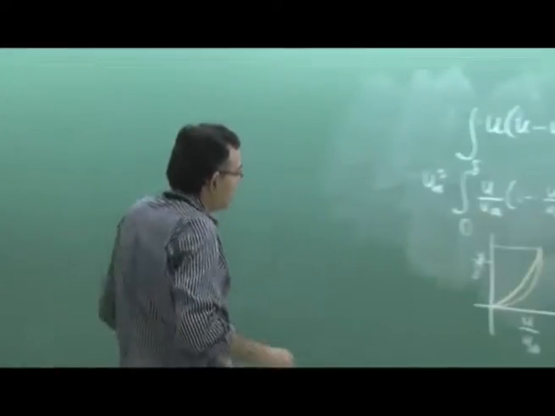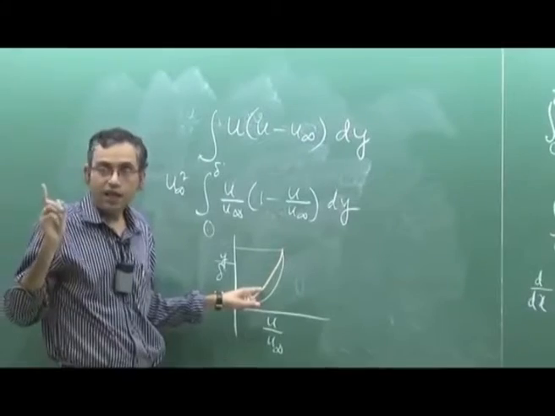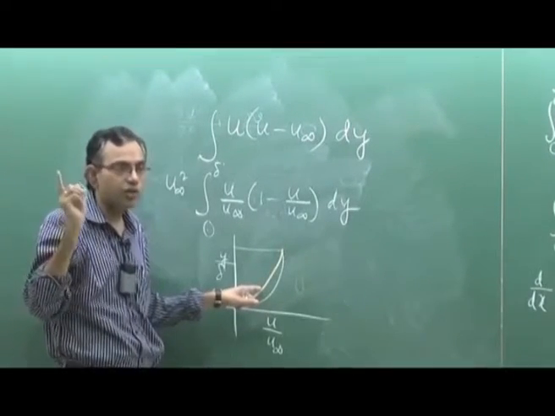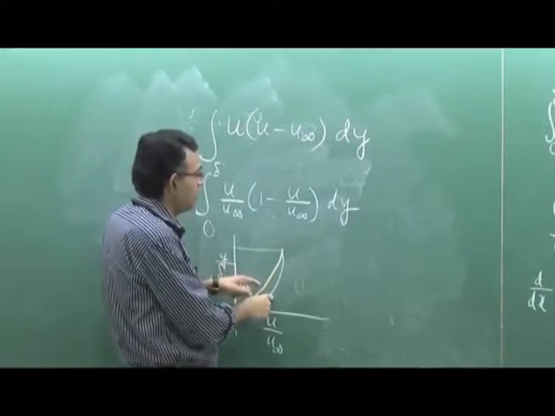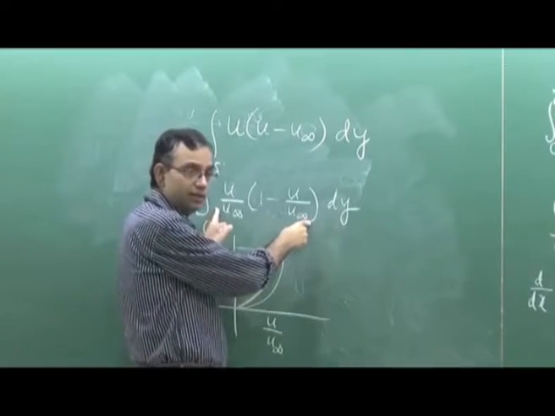So clearly this is erroneous, but see the very interesting thing, it is not of importance to us what is the error in the function, it is important for us what is the error in the integration.